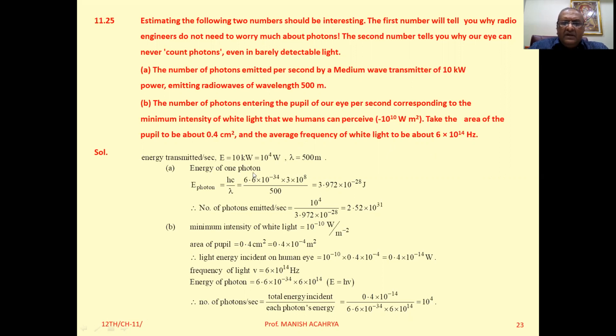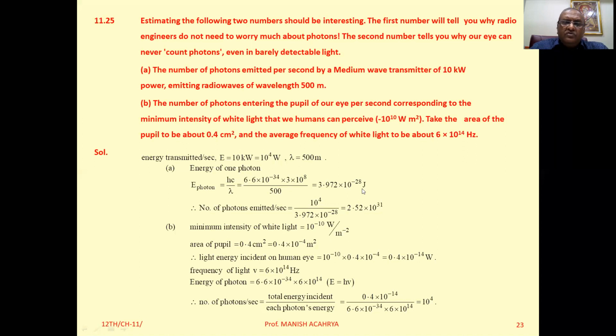Now see, energy transmitted per second means after all that is power. 10 kilowatt, so 10 raised to 4 watt with wavelength lambda 500 meter. So energy of one photon, that is hc by lambda, substitute the value of hc and lambda, you will get this much energy.